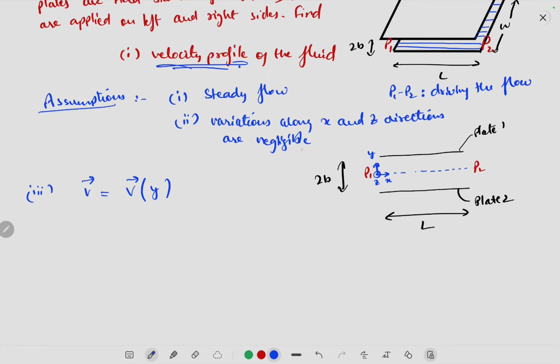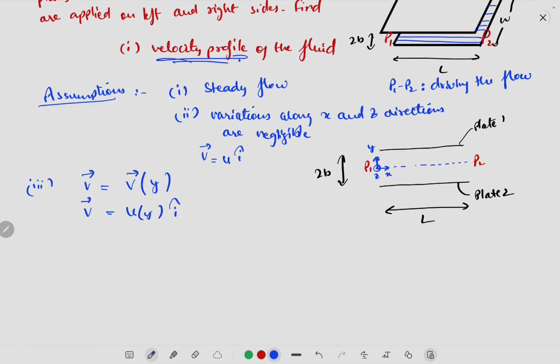Since I have taken variations along x and z directions negligible, I can say v vector is equal to u i hat, and since u is a function of y, v vector is equal to u(y) i hat.